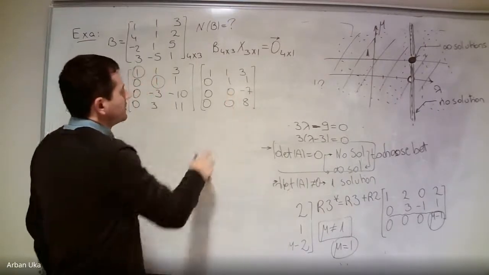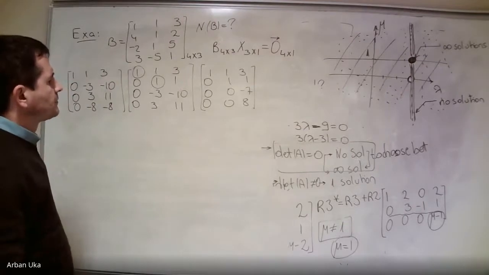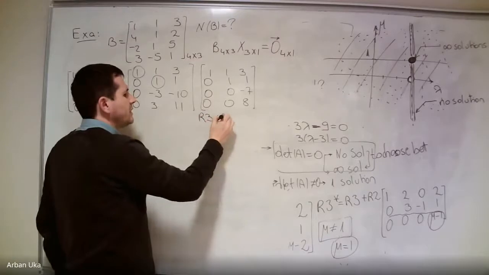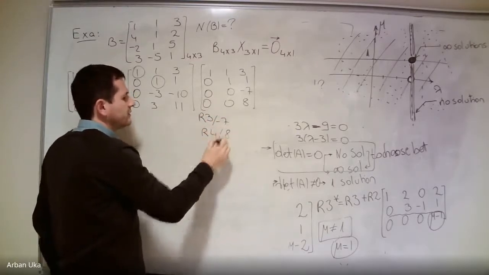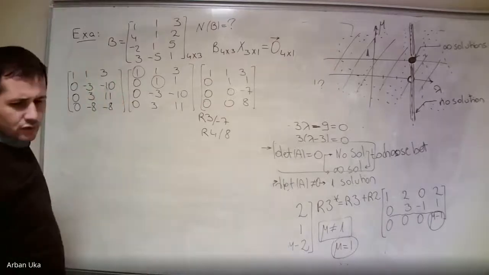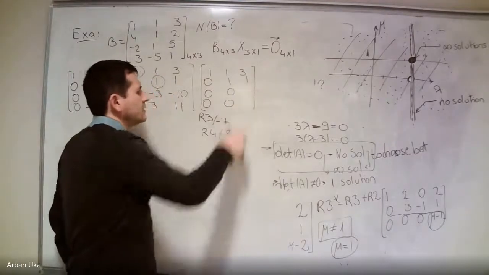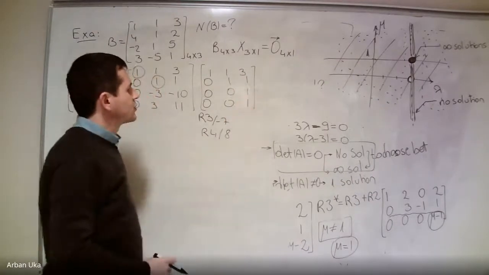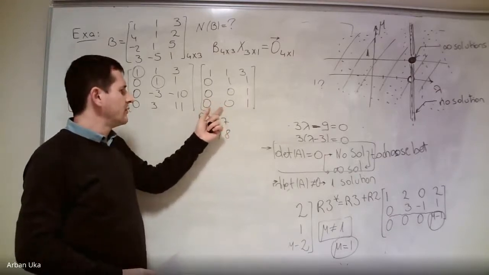what do you see here in the last 2 rows? We can modify row 3, dividing by minus 7, okay? And row 4, we can divide by 8. So, if we do this, we can obtain here 1, 1. So, row 3 and row 4 look like they are equivalent.